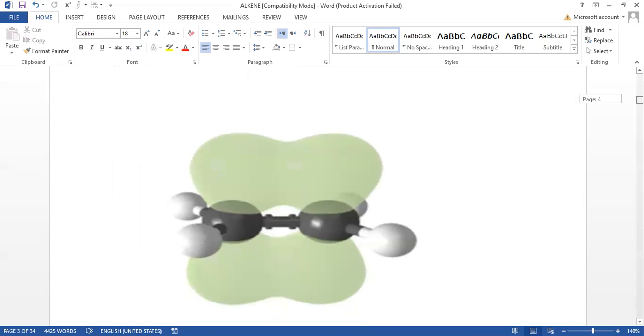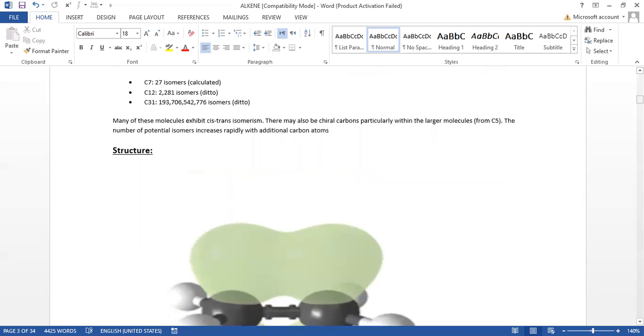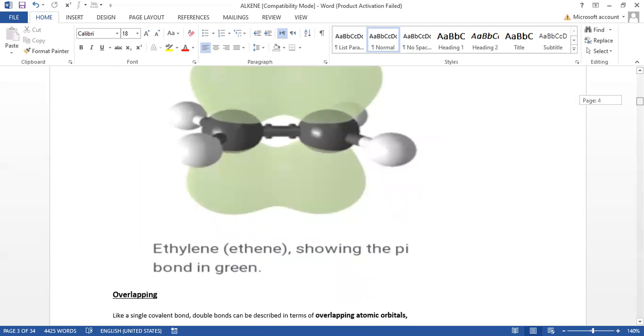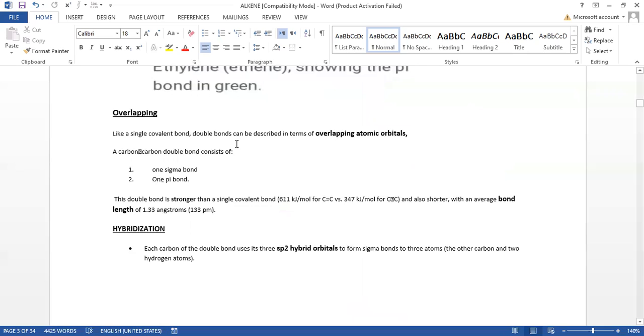The structure of alkene can be seen through this ethylene, showing this is the pi bond and delocalization of the pi electrons. And this is the carbon atom, and these two are the hydrogen atoms. And this is the structure of ethylene. Basically, what happens here is there is overlapping of the atomic orbitals between the carbon-carbon double bond.